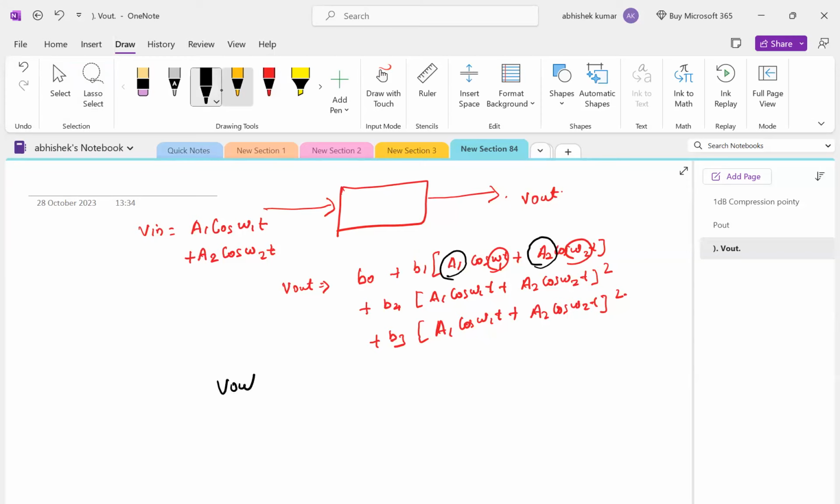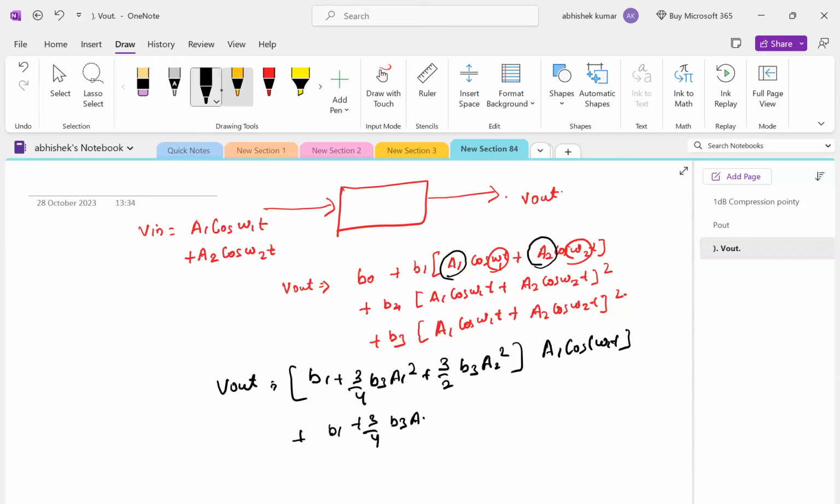So our V output, if we consider every term, is b1 plus 3/4 b3 a1 squared plus 3/2 b3 a2 squared, into a1 cos omega 1 t. Apart from that, we will have b1 plus 3/4 b3 a2 squared plus 3/2 b3 a1 squared, and we have a2 cos omega 2 t.